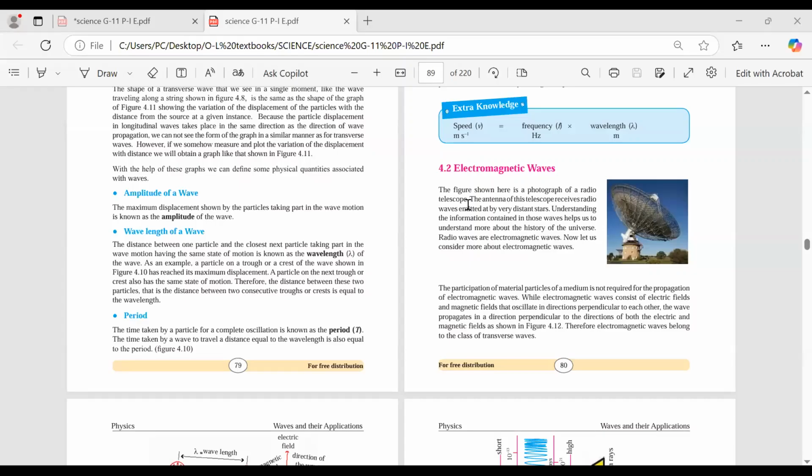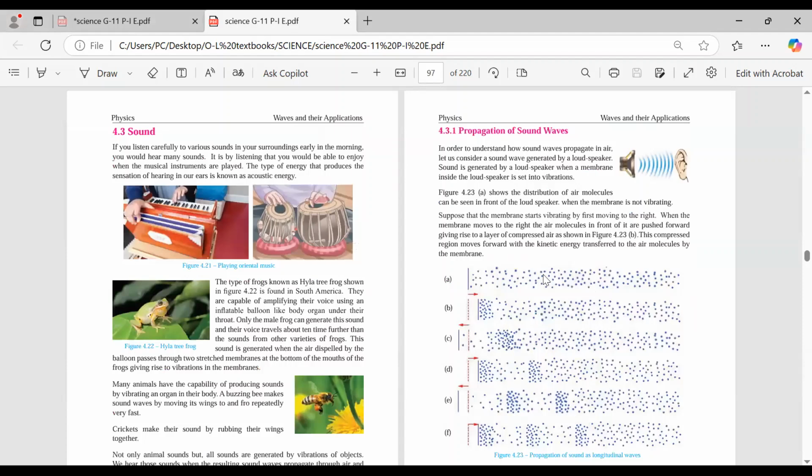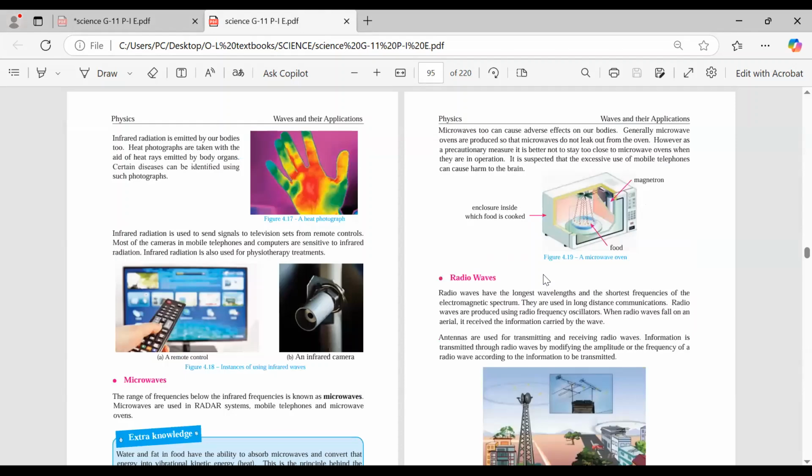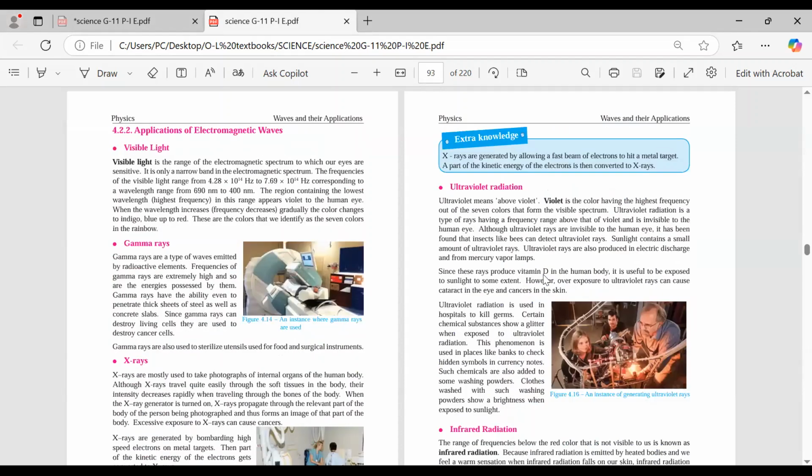Okay, so today we'll be learning about electromagnetic waves, right? I hope we would be able to finish this off today. In electromagnetic waves, you have got a lot of theory.